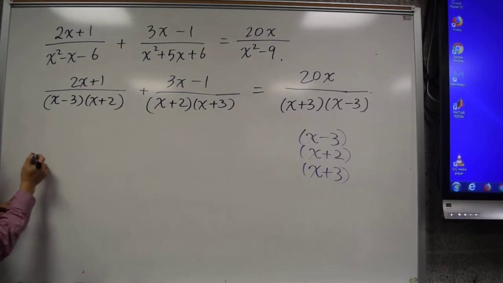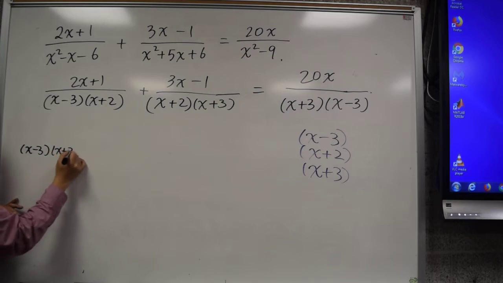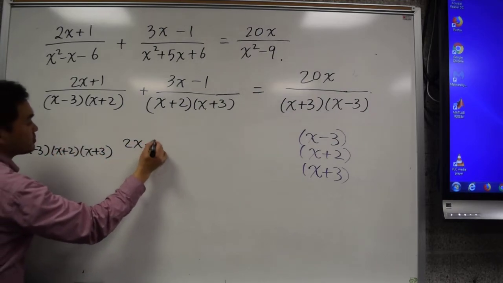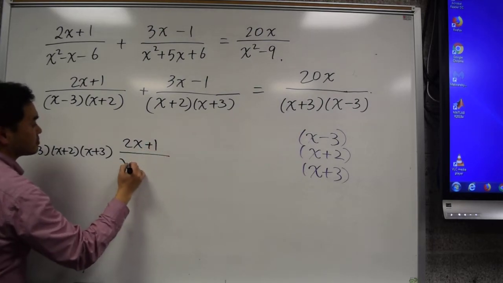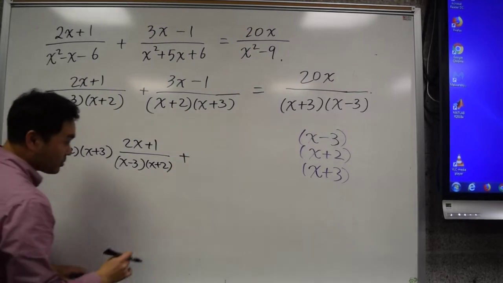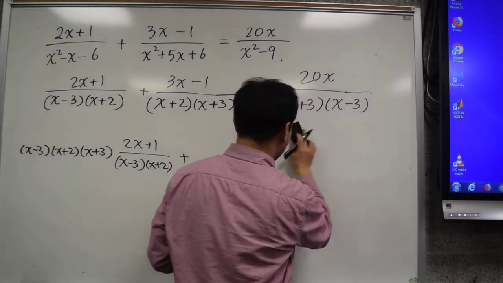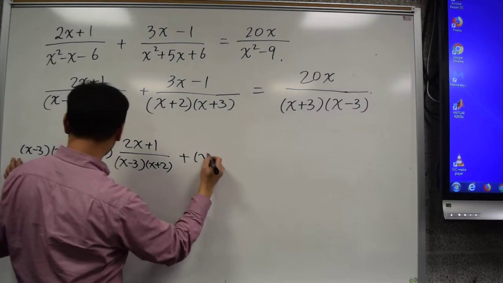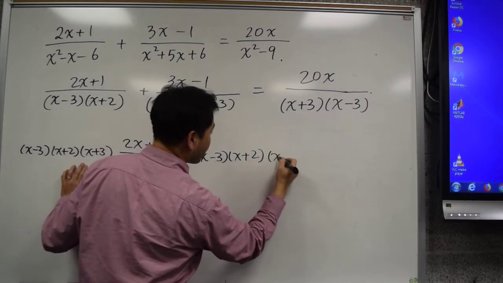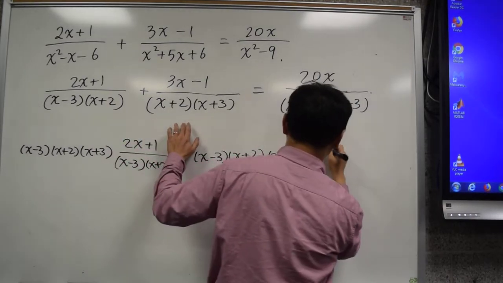Okay? So we write down x minus 3, x plus 2, x plus 3 for the first one. Plus, again, the same thing, x minus 3, x plus 2, x plus 3 for the second one.